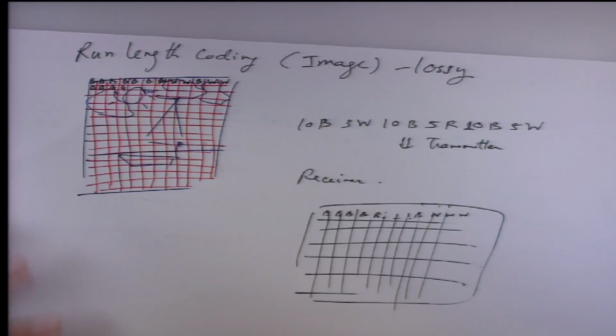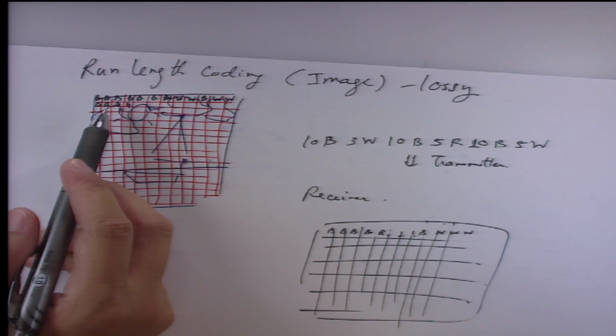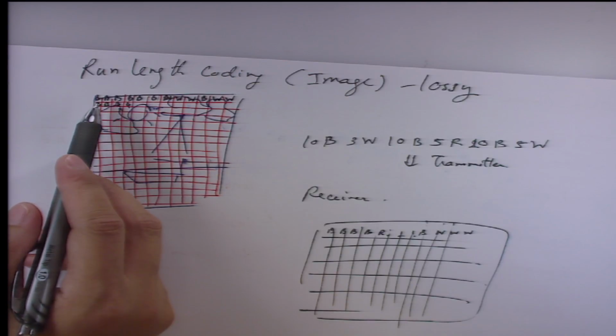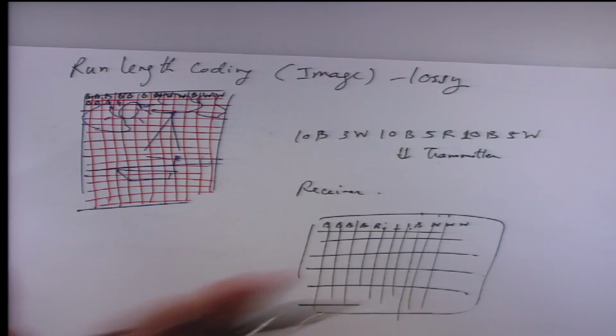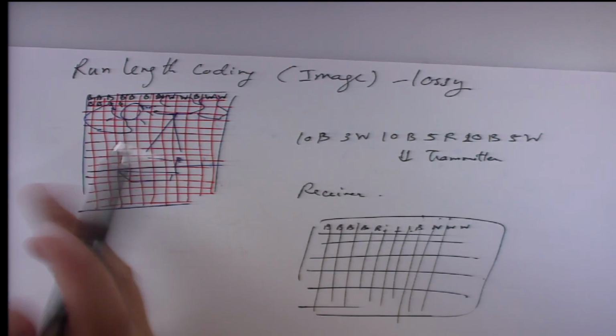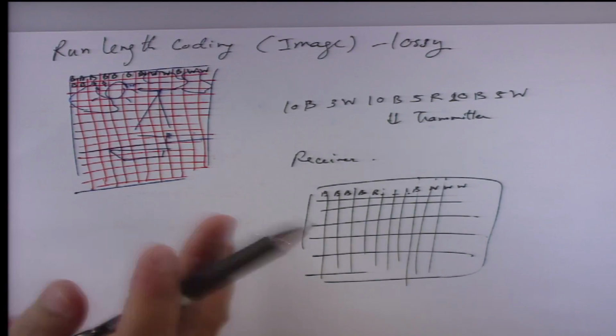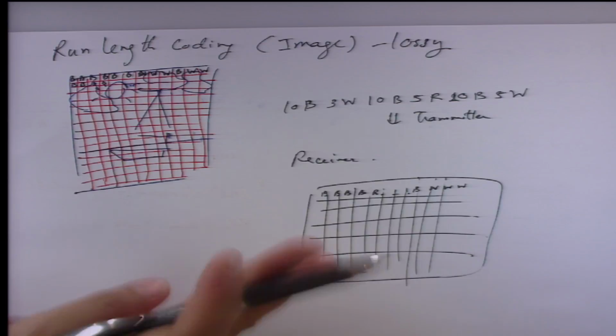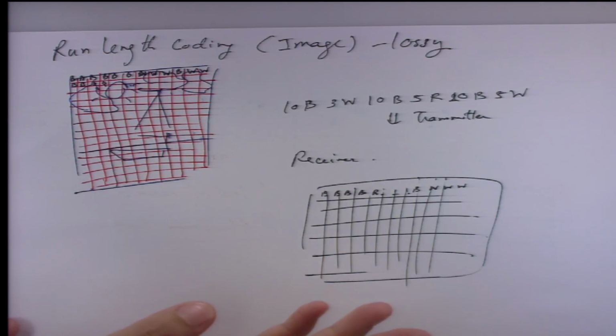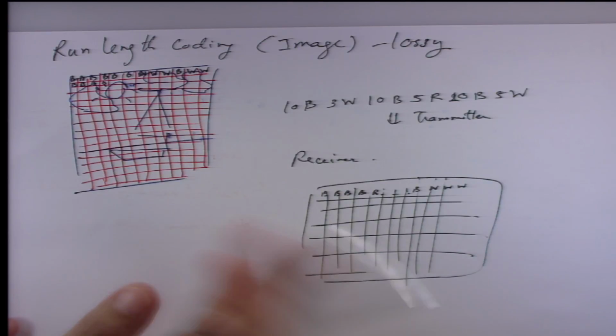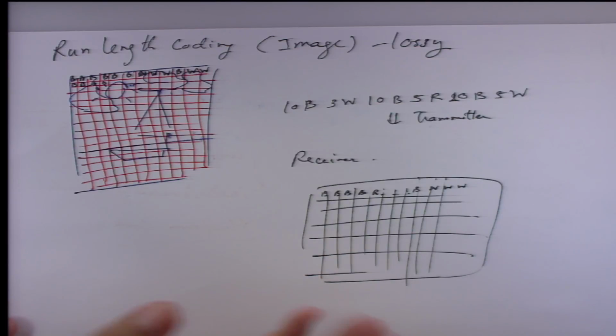Now, why do I say that this is lossy? Because when you say it's blue, it can have many shades of blue. If you use only one shade of blue, whether it's light blue or dark blue, you lose some of the information. Even if you use 4 shades of blue, it's still not correct, because the real one has infinite shades of blue, so it's lossy in that sense.